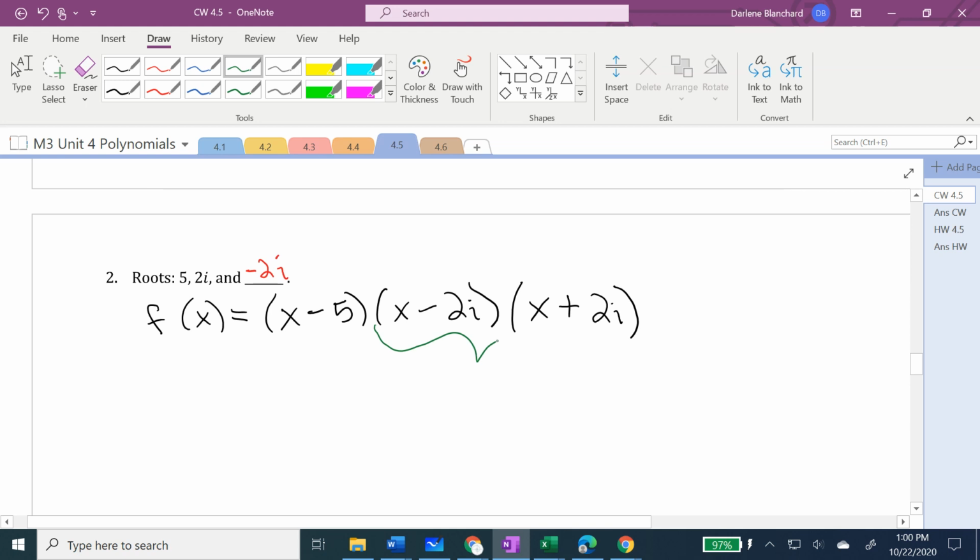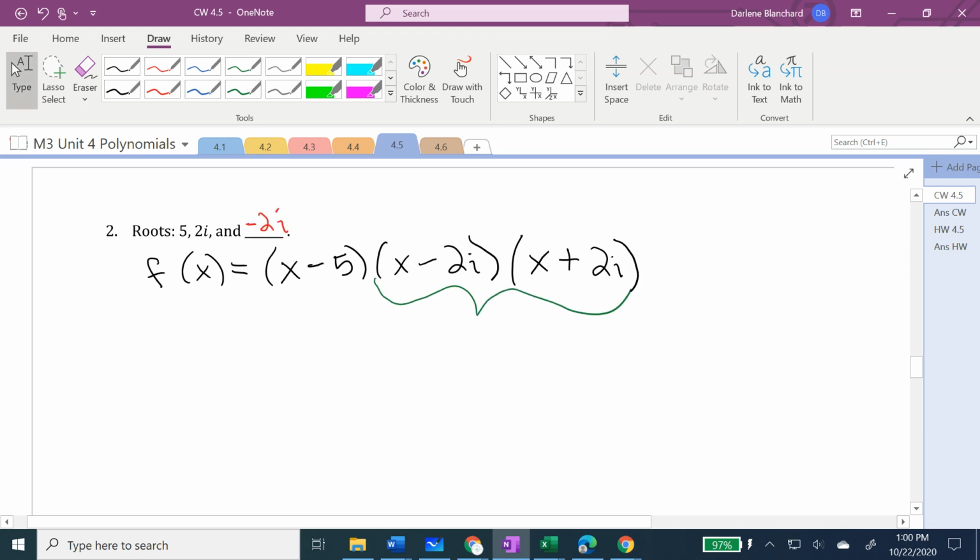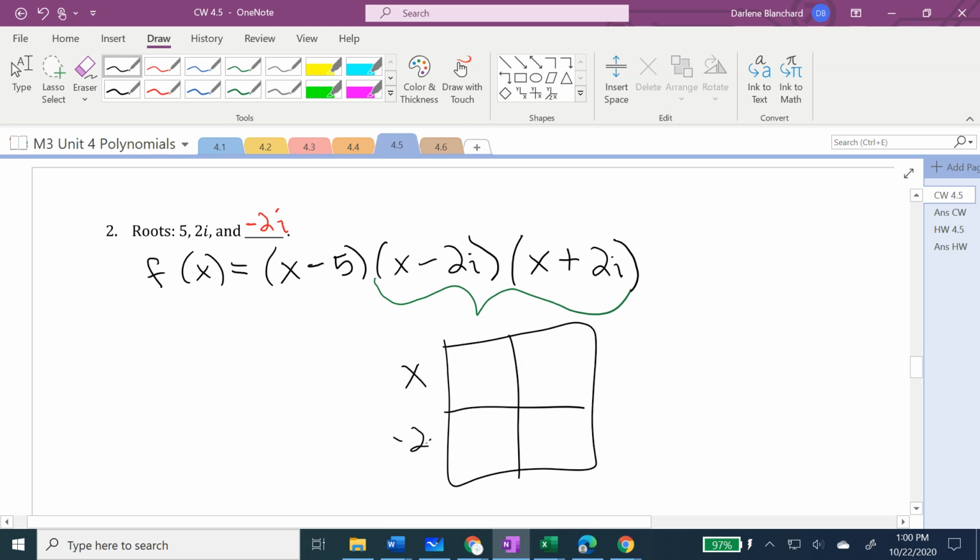So I'm going to focus on multiplying these two together. x minus 2i and x plus 2i. And the reason conjugates are amazing, keep watching. x times x, negative 2i times x, positive 2i times x. Add those together. And then multiplying the last box, we have negative 4i squared.